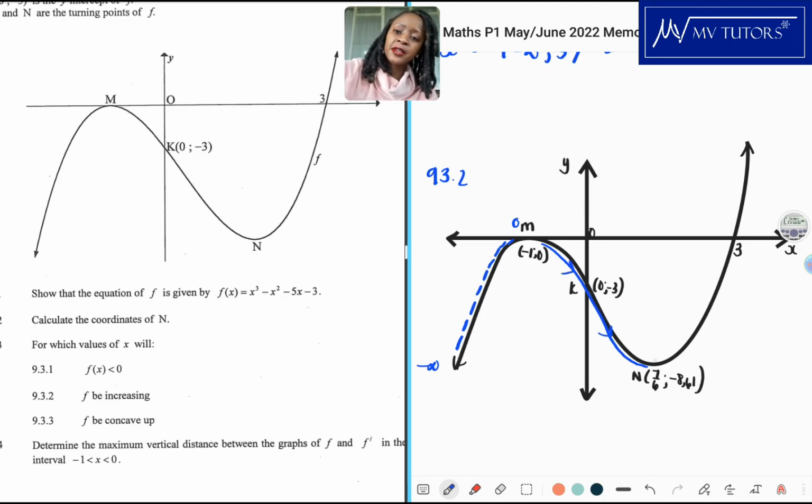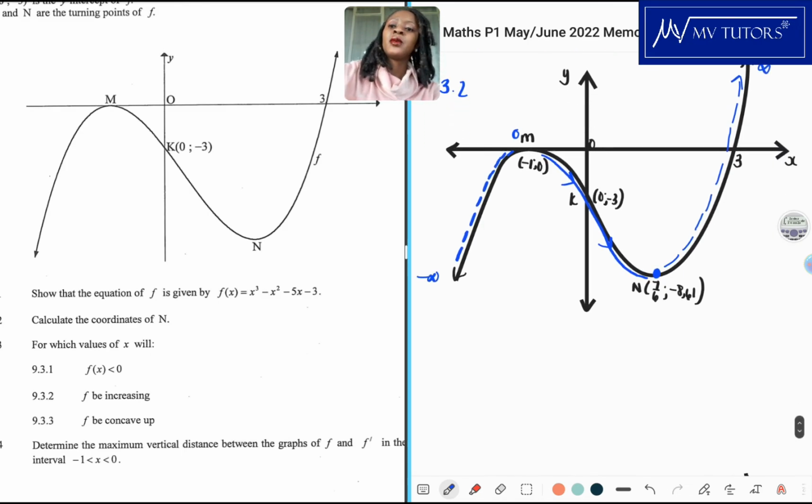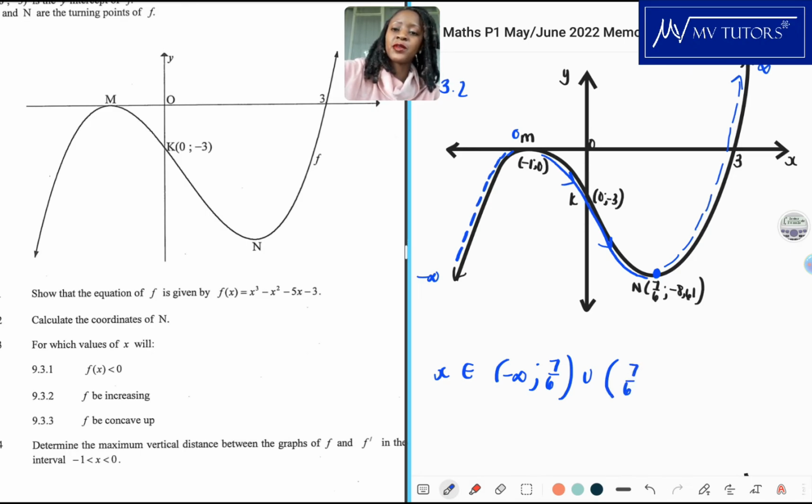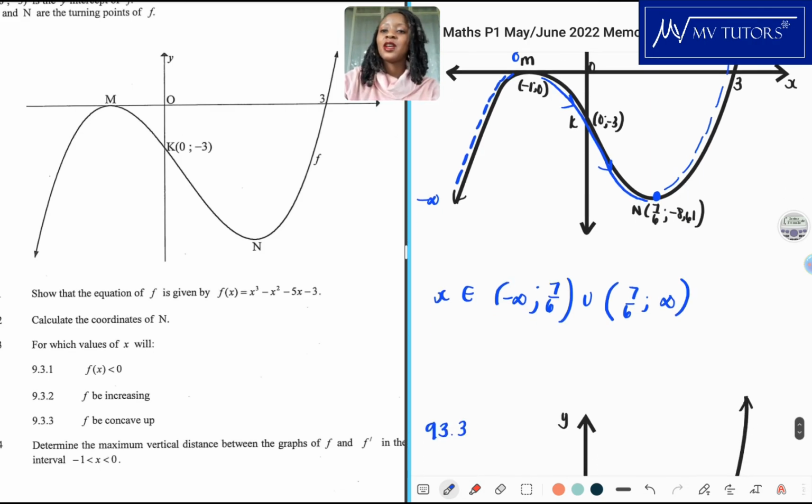And then it starts increasing again after we pass the turning point, all the way up until infinity.